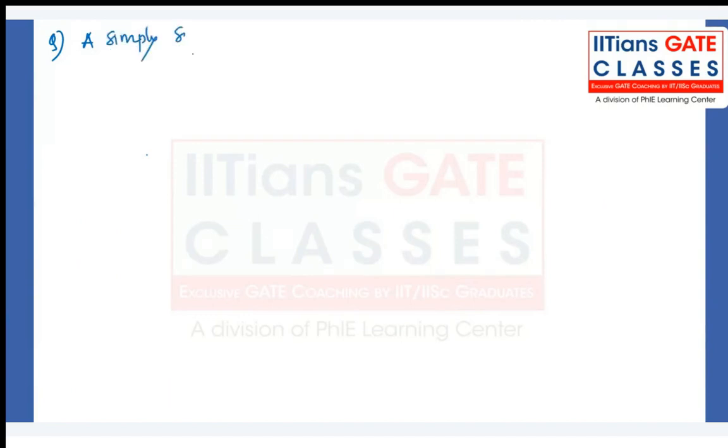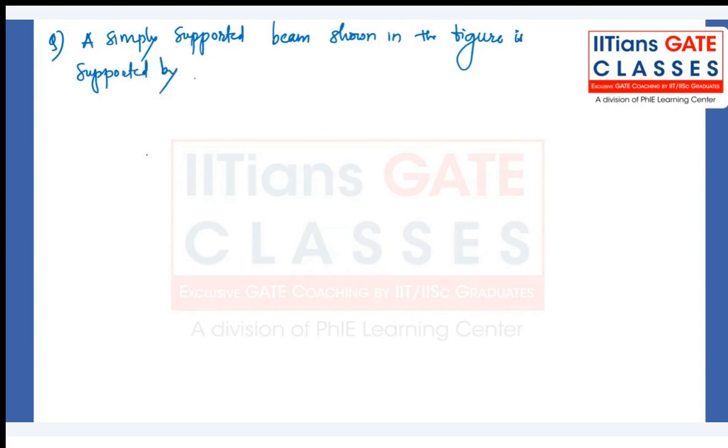A simply supported beam shown in the figure is supported by two supports, A and B. Forces are applied as shown in the figure.